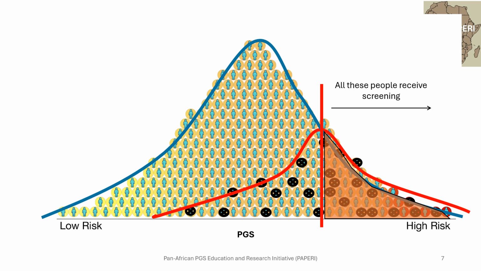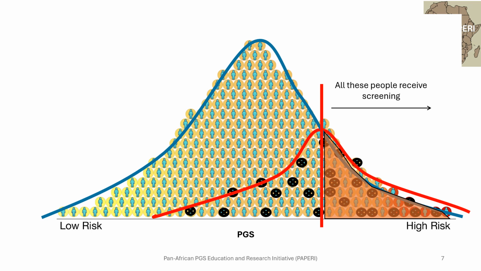But now we have this added information as to who actually will get the outcome, let's say it's cancer, and who won't. And you can see, on average, the polygenic risk score does something in that people with higher polygenic risk scores are more likely to be one of these cases, which is like a circle with an X inside of it.